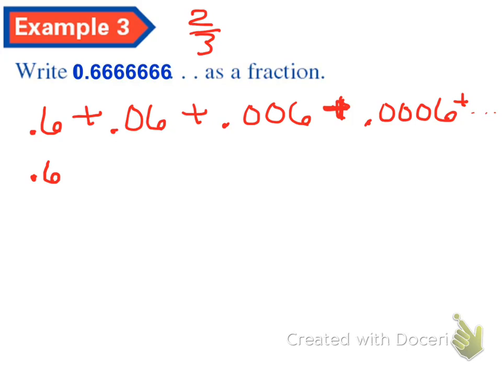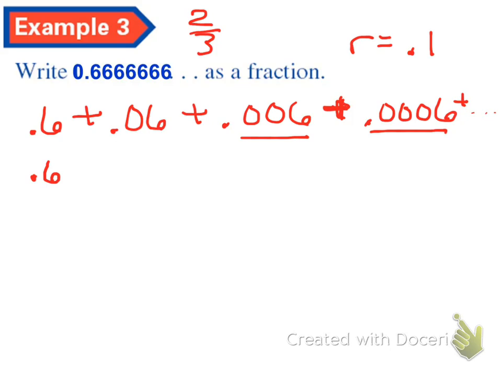Well, to get your common ratio, remember we divide by the previous term, so we would want to take this 0.0006 and divide it by the 0.006. And when we do, we find that the rate, the common ratio here, is 0.1.